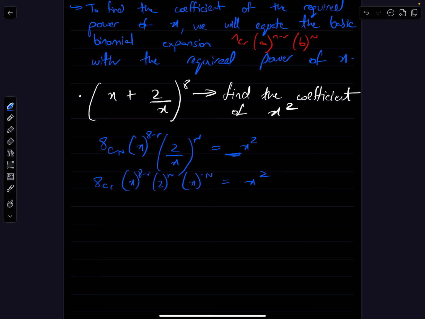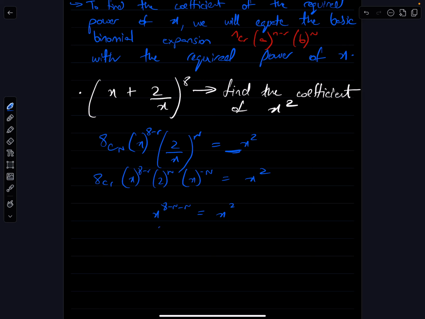Since we're only concerned about x for now, we'll deal with the x's first. These x's multiply, thus we'll add their powers. 8 minus r plus minus r, or rather just minus r, is equal to x squared.